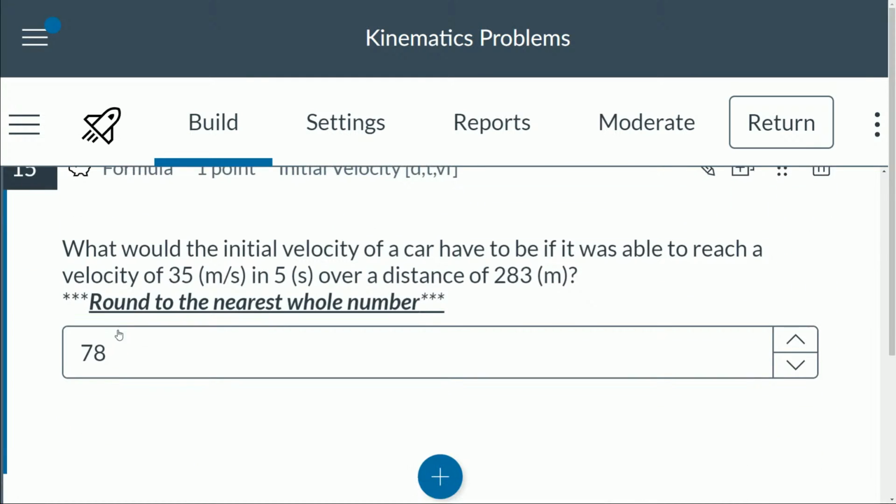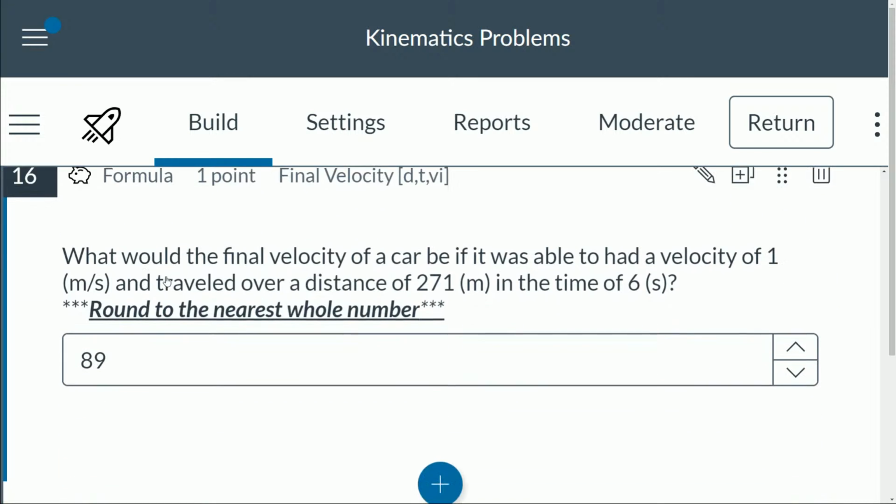Okay, so what about this one? What would the initial velocity of a car have to be if it was able to reach a velocity of? What would the final velocity of a car be? That one.